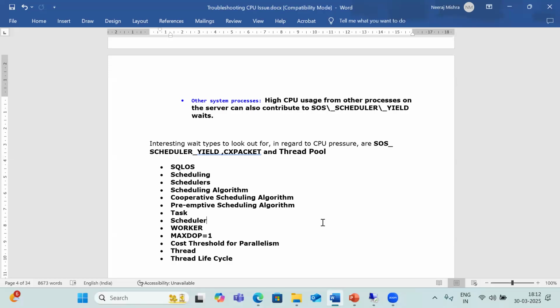Before we understand what the non-preemptive or cooperative scheduling algorithm is, I will talk about the concept of the preemptive scheduling algorithm for allocating CPU time, that is called quantum, which is 4 milliseconds to any thread for its execution.